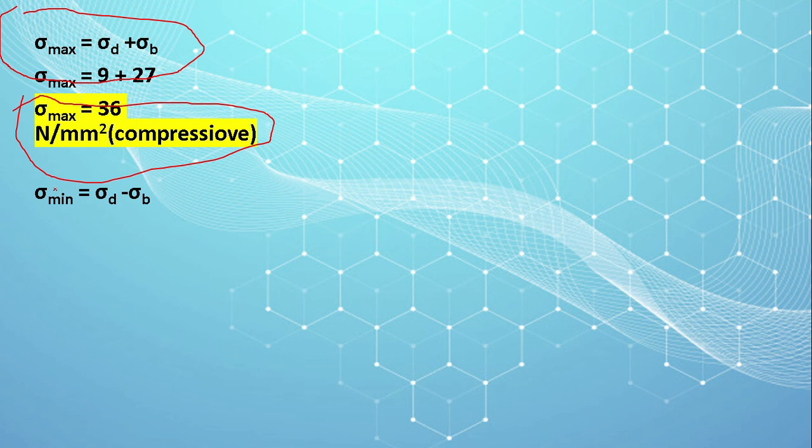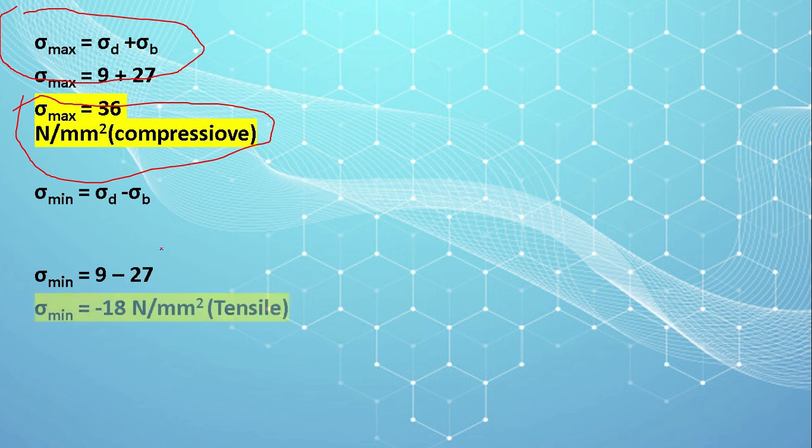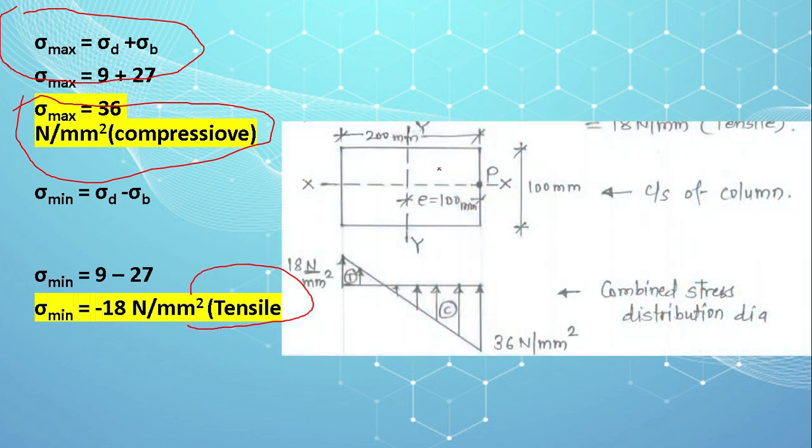Now for minimum stress, sigma minimum is equal to direct stress minus bending stress. 9 minus 27 is equal to minus 18 Newton per mm square. Minus sign means it is tensile in nature. Therefore this minus 18 acts on this side, and this plus 36 is acting on this side.